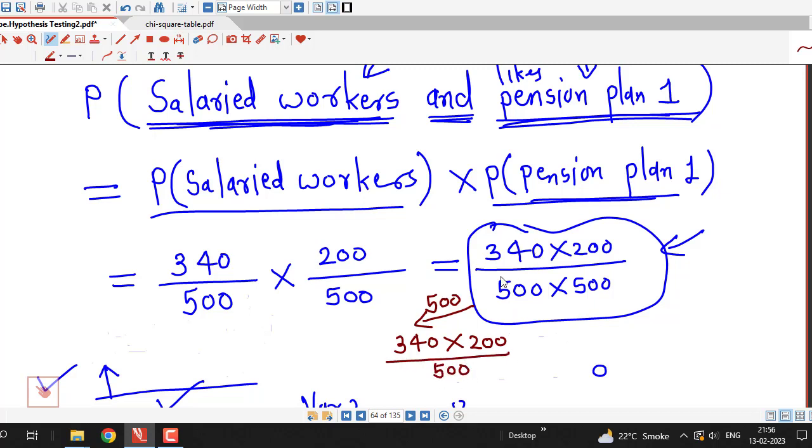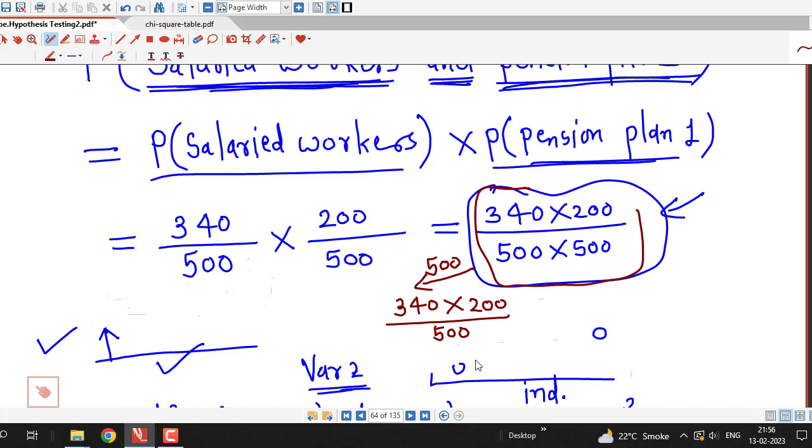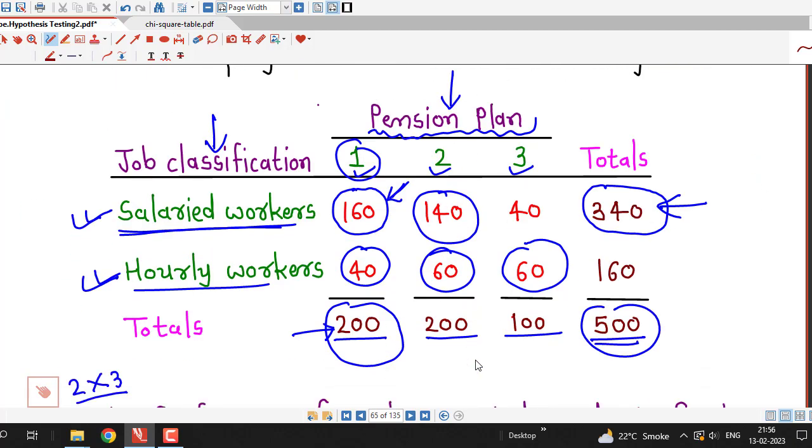So if we multiply this quantity by 500, this 500 will cancel out and we have 340 into 200 divided by 500, and you can see it is nothing but the expected frequency corresponding to this. So this is the row total corresponding to salaried workers and this is the column total corresponding to pension plan 1, and we have obtained that the expected frequency is 340 into 200 divided by the sample size, which is 500.